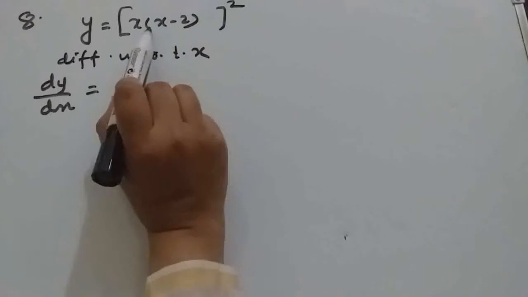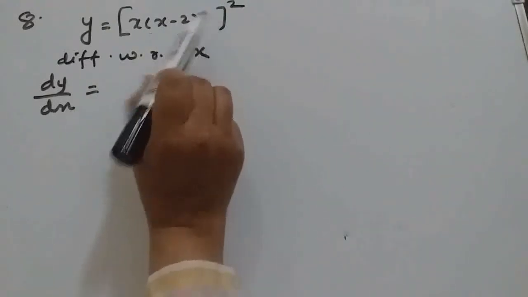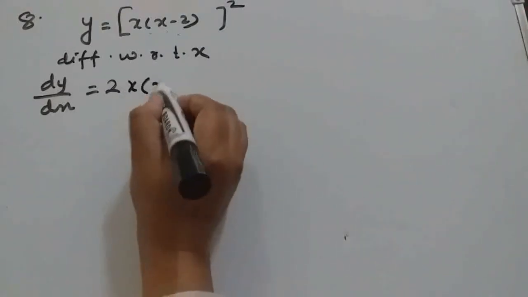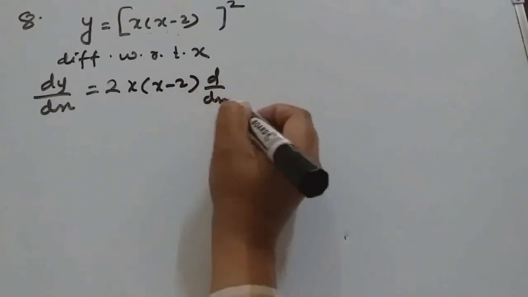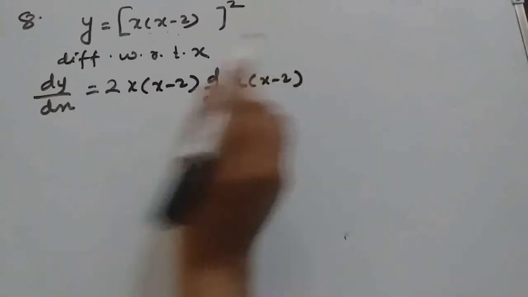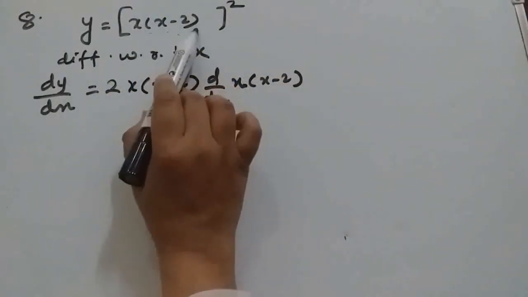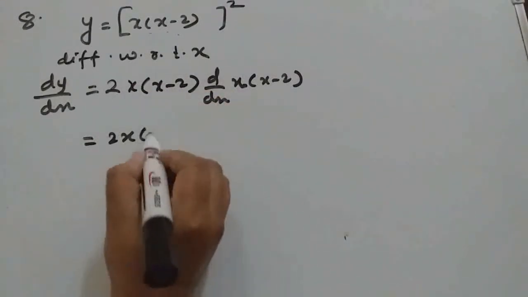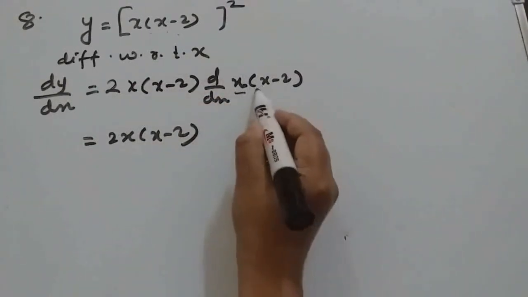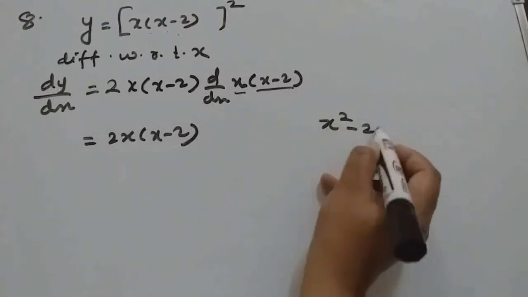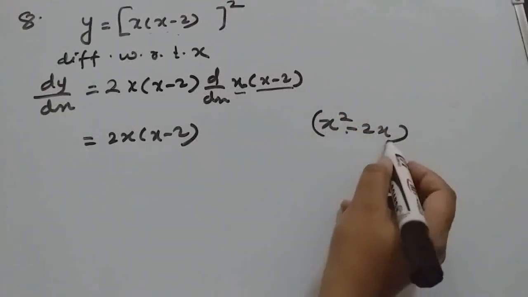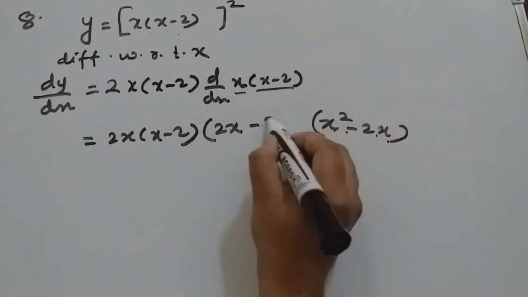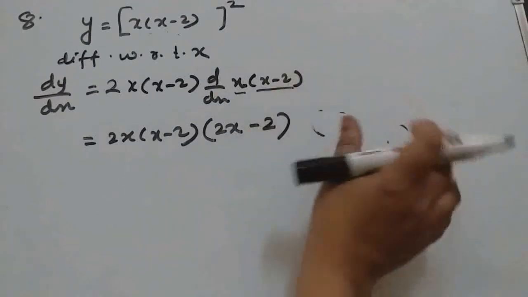See, first we can open using identity also, or we can use the power rule here, 2 into this term, then derivative of composite. Because power rule we can apply for x value, so here we can use composite. So 2x(x − 2), then derivative of this x² − 2x. We can write derivative of x² is 2x, derivative of this is 2, or the product rule also you can apply.